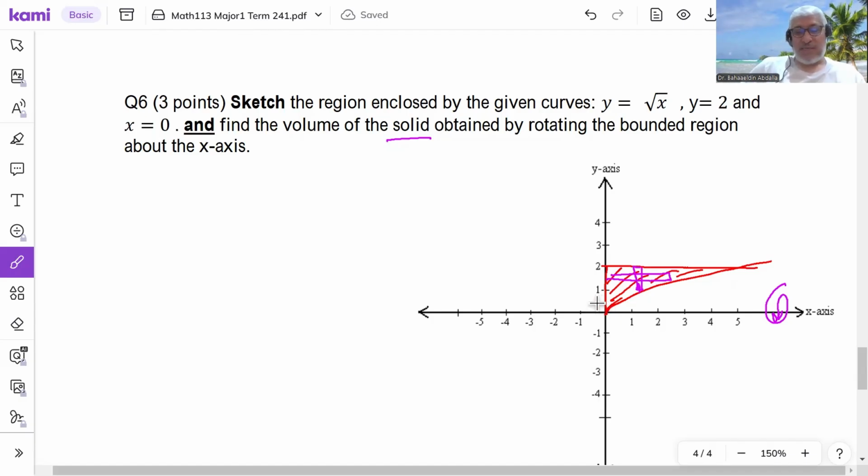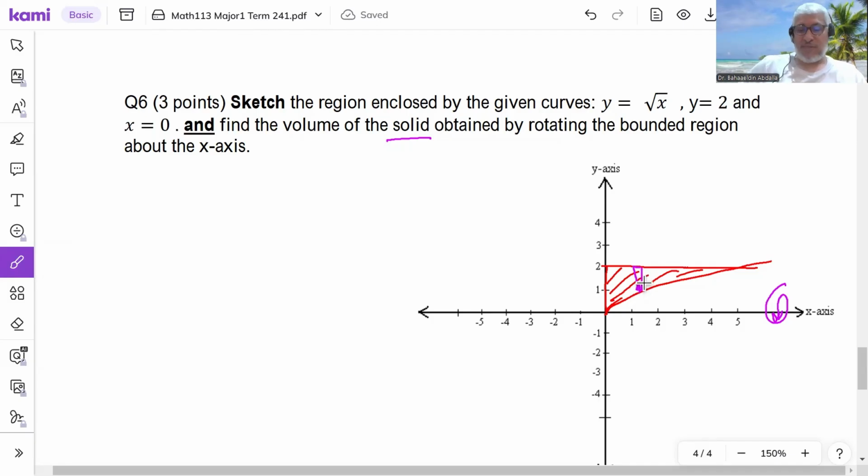So a horizontal rectangle is also good. So in fact, I can solve this problem in two ways, either by using a vertical rectangle or by using a horizontal rectangle.